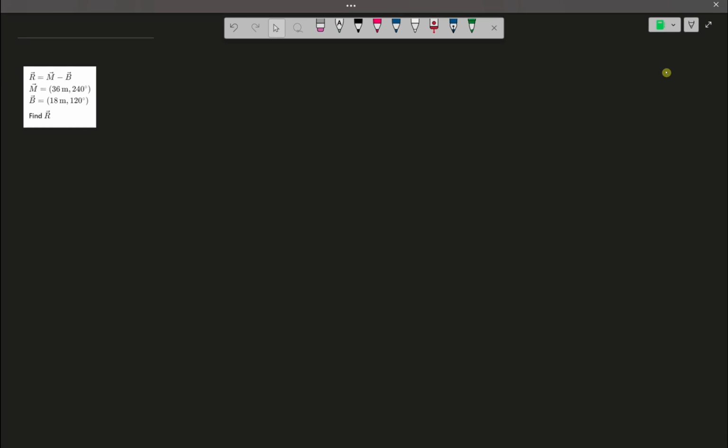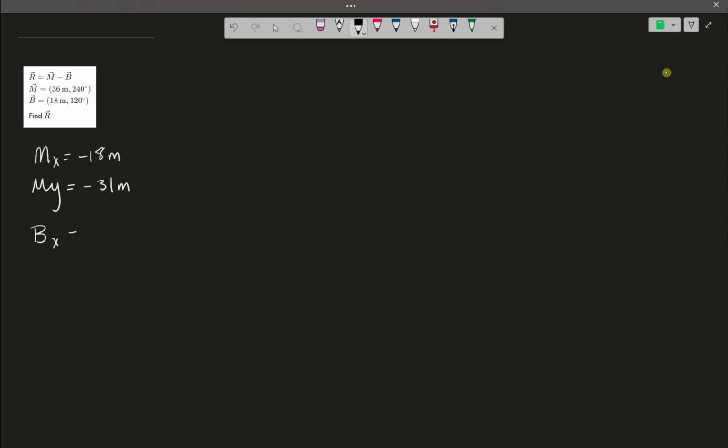Alright, so in this problem, instead of adding our vectors together, we're going to subtract one vector from another. So I am going to go ahead and write down the x and y components of vector m and vector b because we did that in the last video. Vector m has an x component of negative 18 meters and a y component of negative 31 meters.